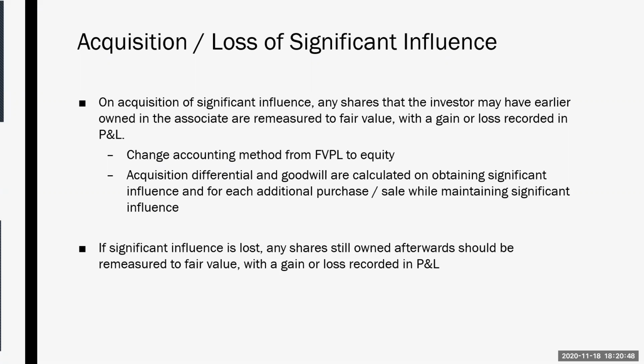If, for whatever reason, significant influence is lost, then any shares that the investor may still own afterwards have to be remeasured to fair value, and any resulting gain or loss has to be booked through profit or loss. The method of accounting needs to change from the equity method to fair value profit or loss.